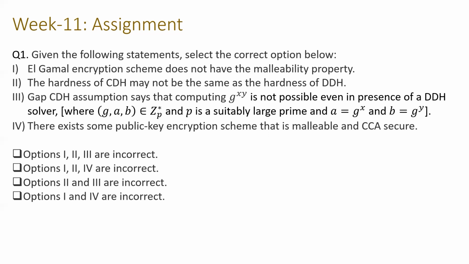Because you know the value of M dash that you multiplied with the second component, you can compute its multiplicative inverse in the group as well, and using that you can recover the original plaintext message encrypted in the ciphertext.